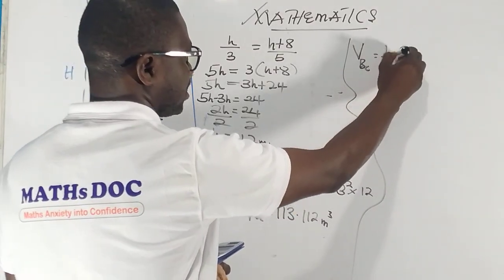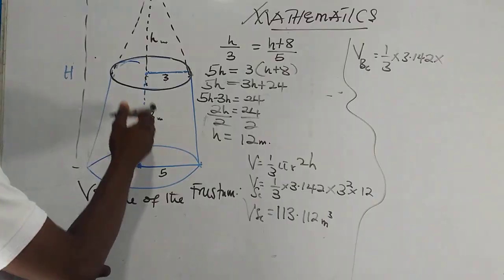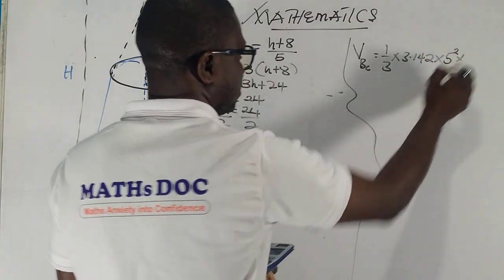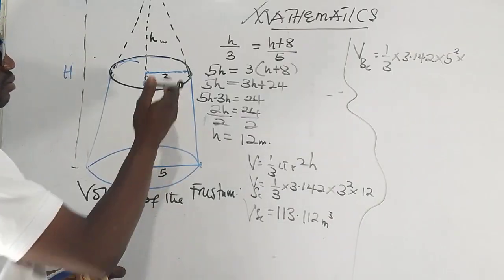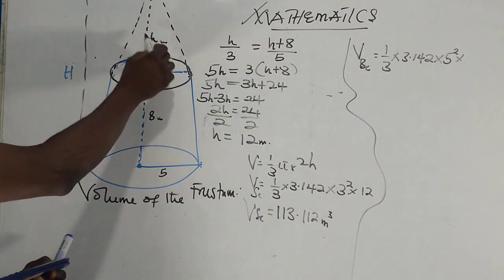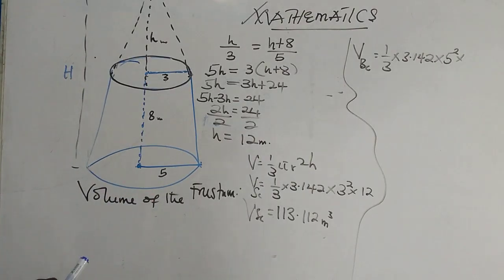1 over 3 times 3.142 times the radius, which is 5 squared, and then the height. Realize that the smaller height is 12, and this side height is also 8.